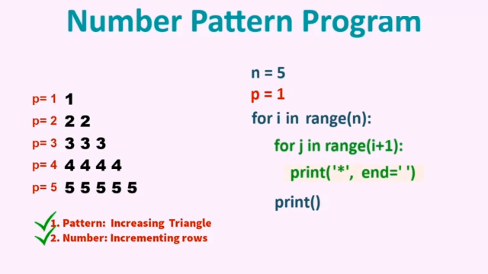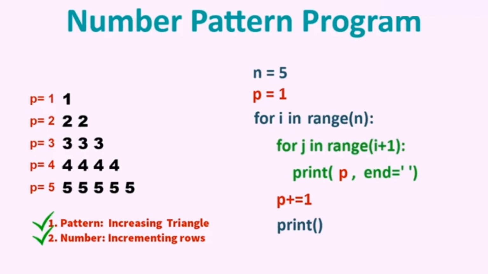Inside the inner loop, we will print this variable p. Now we know the last empty print statement takes us to the next row. So here we increment p by 1 to get it ready for the next row. Now when you run it, it will give you the output as shown.